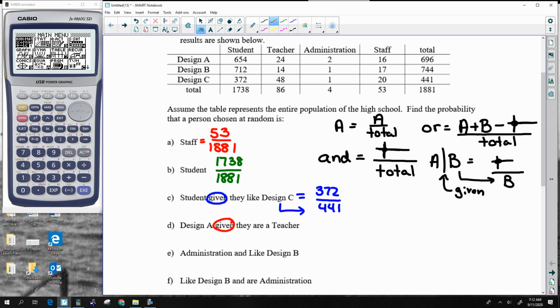Again, we have the word given. So the second piece is going to be the total. So the teacher is going to be the total. So the teacher is 86. And the intersection with design A is going to be the numerator. So that's 24. Yep.